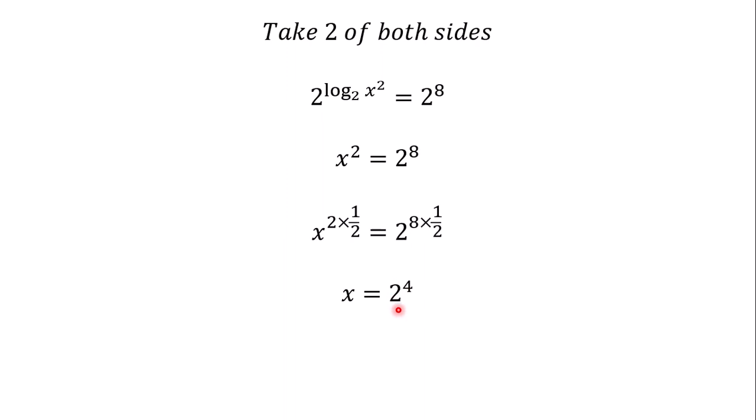Mind you, 2 raised to the power 4 is not equal to 2 times 4. 2 raised to the power 4 simply means that 2 is multiplying itself 4 times. That is 2 times 2 times 2 times 2.